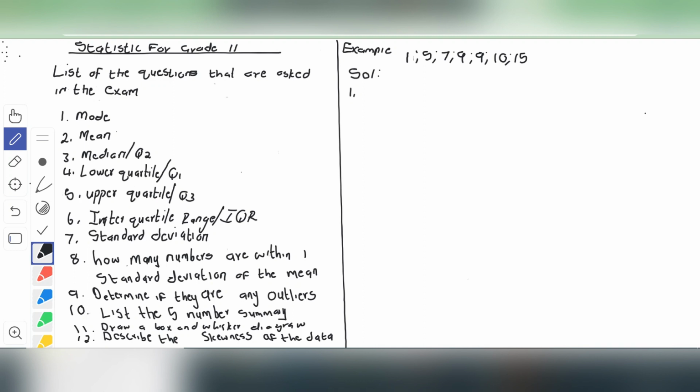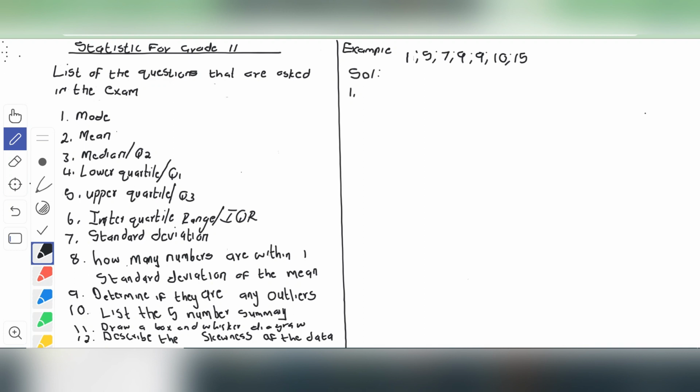So today's lesson will be doing statistics for grade 11. I just listed all of the questions that I believe the examiner is going to choose from. Meaning he is going to choose from 1 to 12, maybe not choose 5 or 4, we don't know.